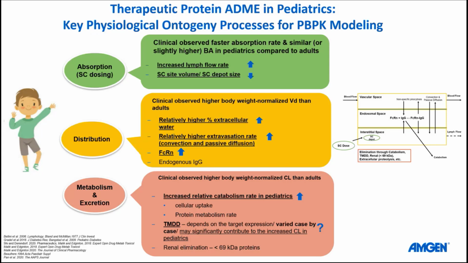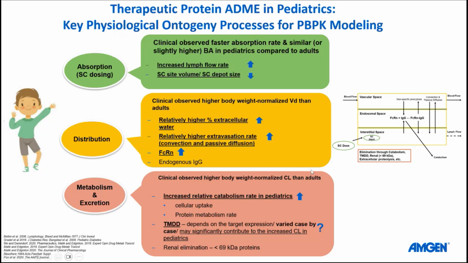In terms of distribution, clinically, we have observed a higher body weight normalized volume of distribution in pediatrics compared to adults. This can be attributed to the relatively higher extracellular water in pediatric subjects. As we all know, large molecules, because of their large molecular weight, are mainly restricted within the extracellular space.